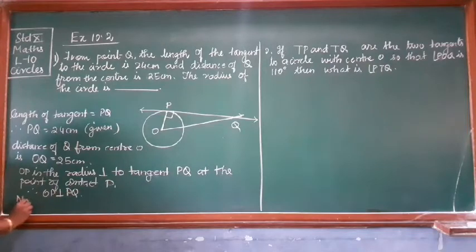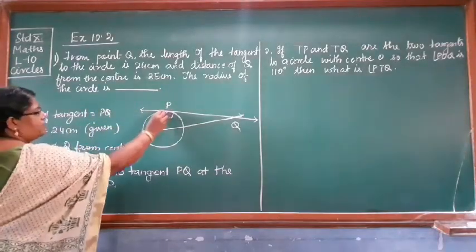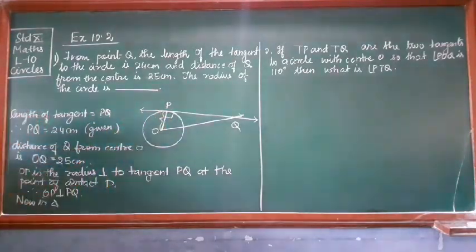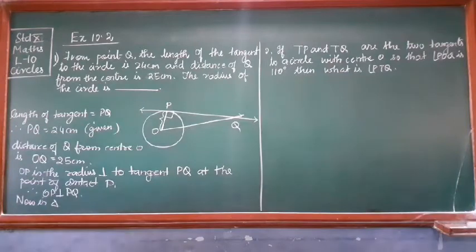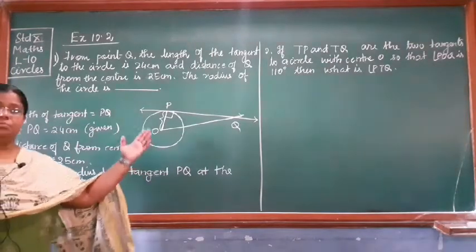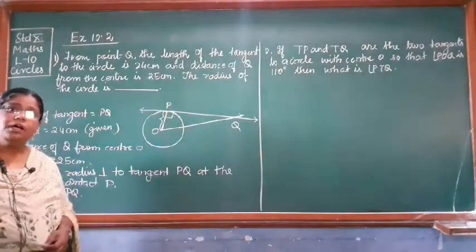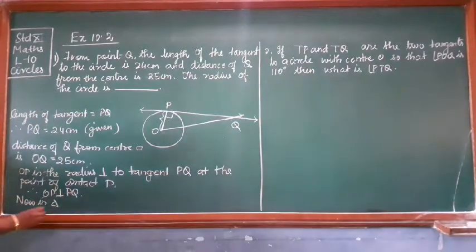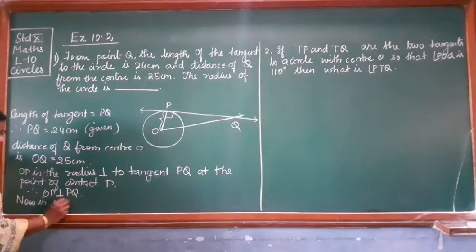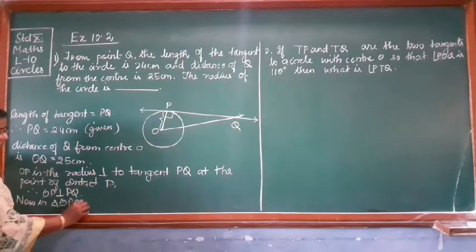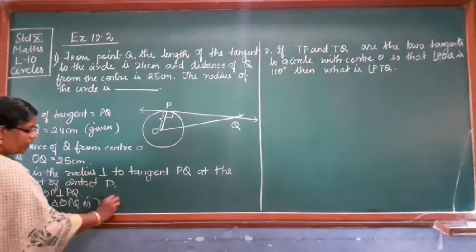So now in triangle, our aim is to find what? The radius. So which theorem can we use here? We can use the Pythagoras theorem. Triangle OPQ is a right angle triangle. Okay, triangle OPQ is right triangle.